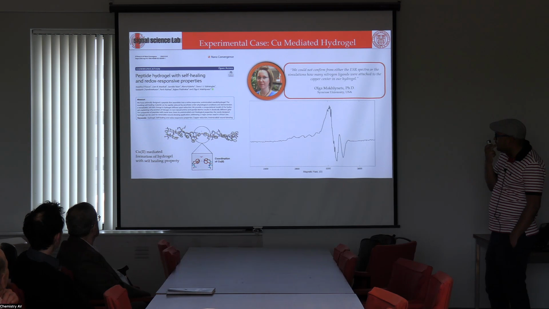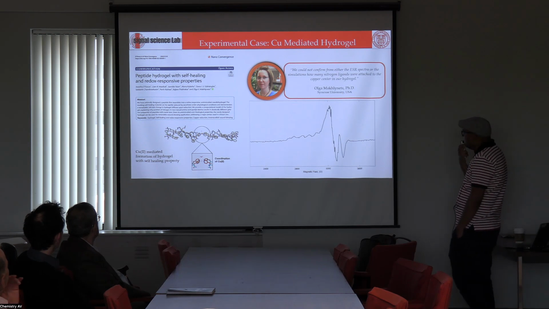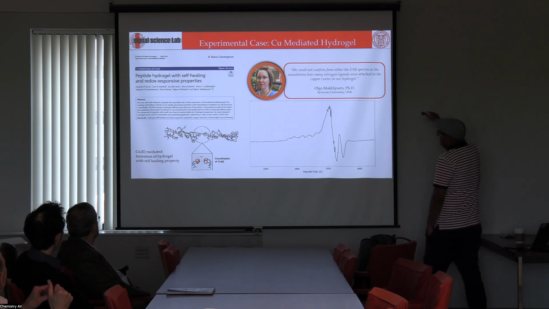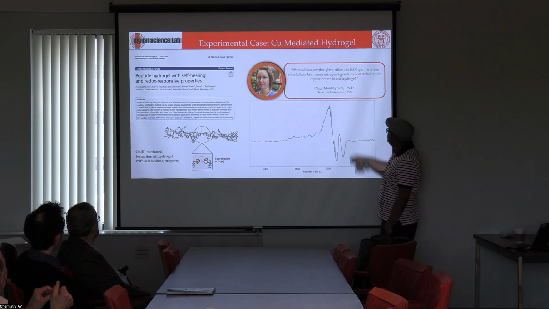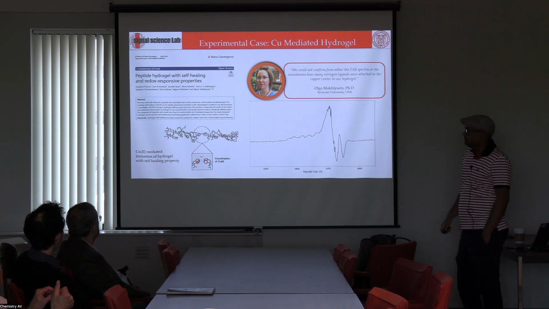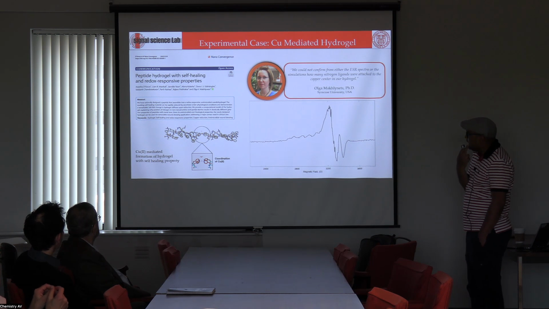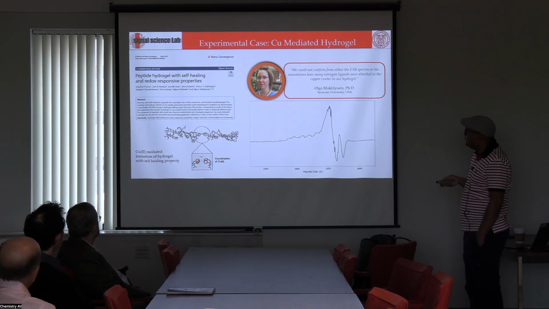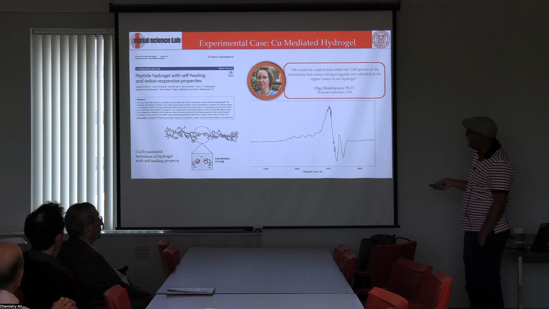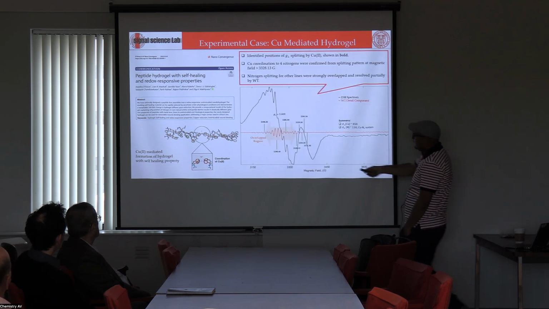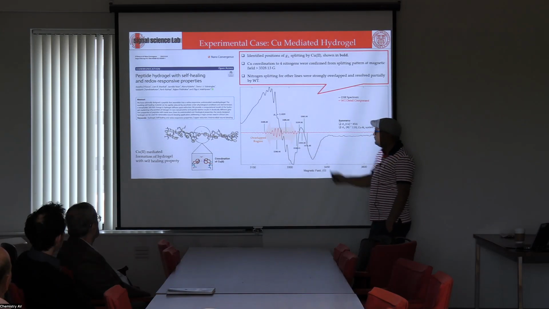Next is Olga, who is at Syracuse University. Her problem was how many nitrogen ligands were attached to the copper center in her hydrogel studies. You can see the copper-mediated formation of hydrogel, and this spectrum does not reveal anything; you see an overlapped spectrum. When you do a wavelet analysis, you start seeing these features coming in.